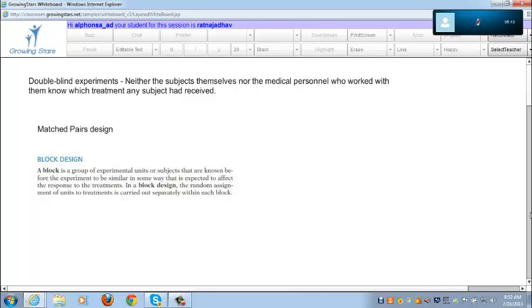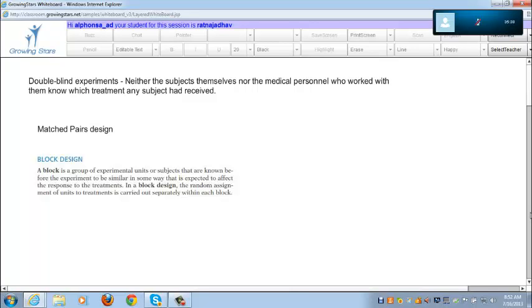In a block design, the random assignment of units to treatments is carried out separately within each block. Suppose beforehand, before you do the experiment, you know that a certain group will have the same effect. Then we group them together and call it a block.